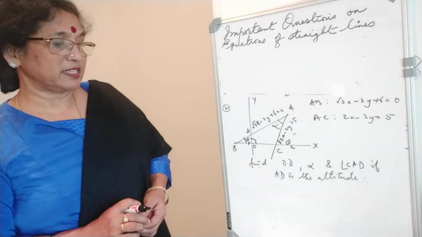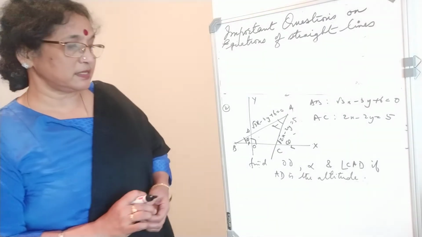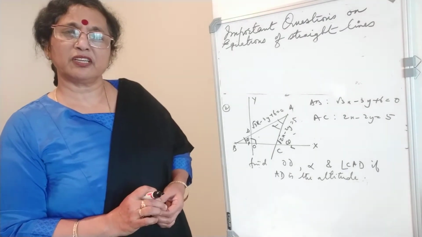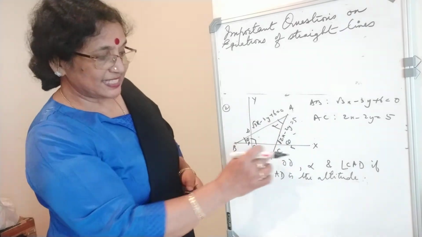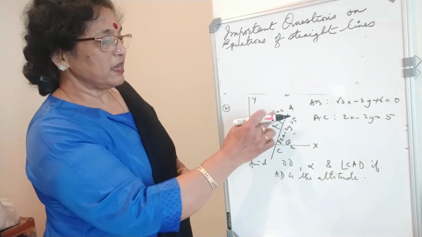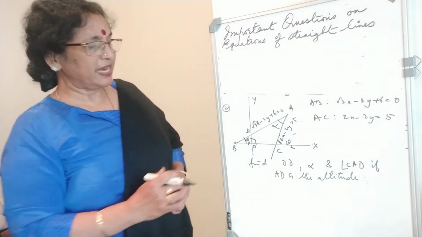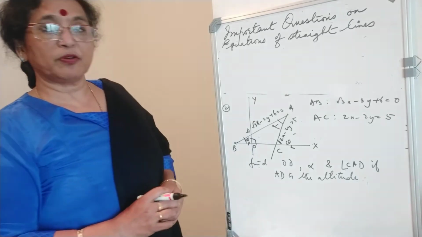That is, theta 1 is the inclination of straight line AB with the positive x-axis. Theta 2 is the inclination of AC with the positive x-axis. And how do you find that? By making y the subject of the formula. You get the slope. Okay, and tan theta 1 is the slope of this line.